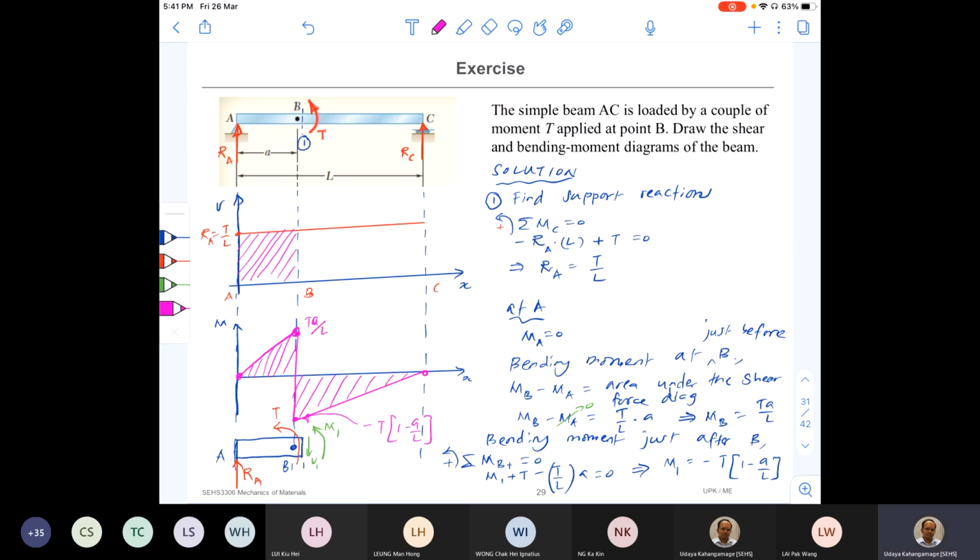But when there's a torque or moment only between 2 points, shear force remains constant. Right? And the bending moment suddenly changes at the point of load application.